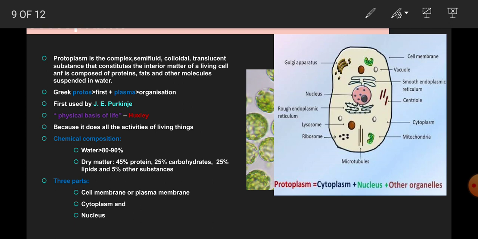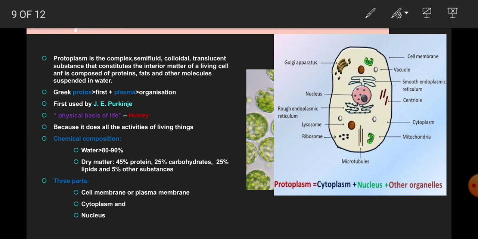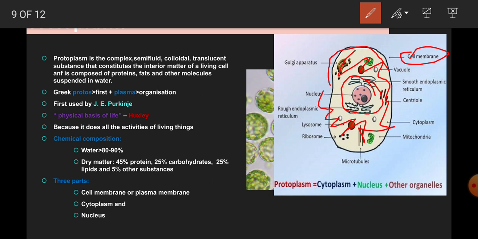Here you can see it's all the protoplasm. The outer covering is the cell membrane, this is the nucleus, and everything other than these two parts is cytoplasm.